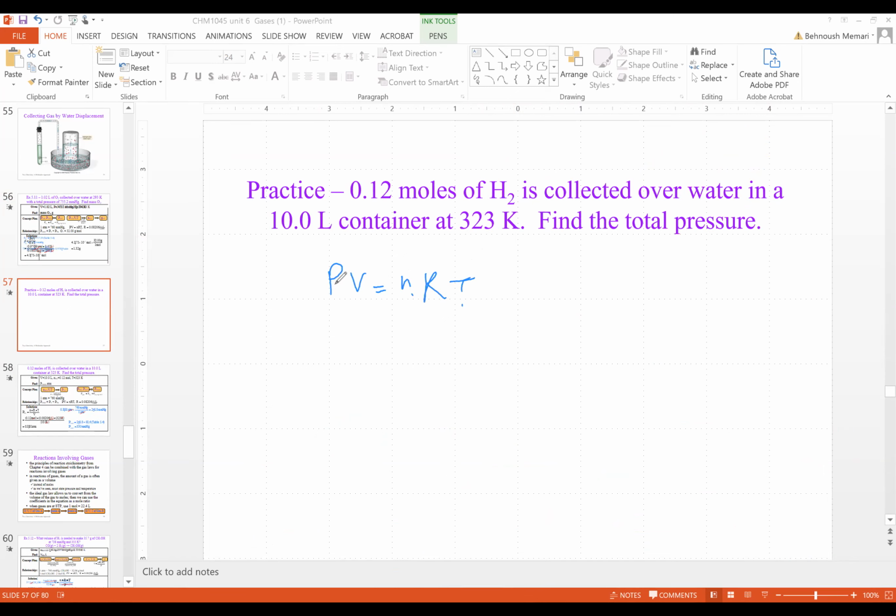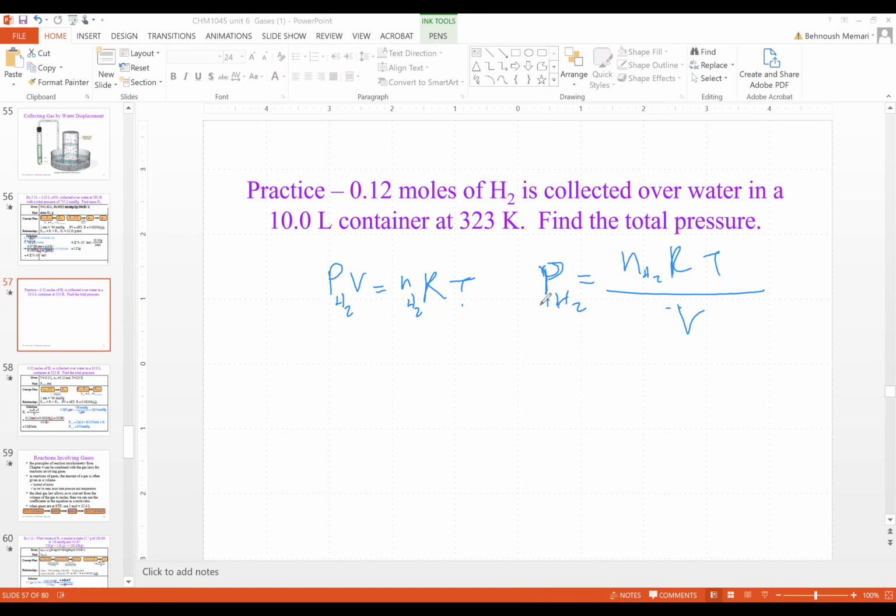This P basically is going to come from the H2, so we are using the n of hydrogen. So the pressure from H2 equals n of H2 RT over V.